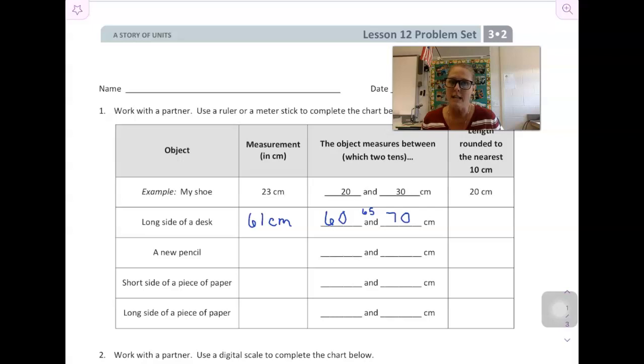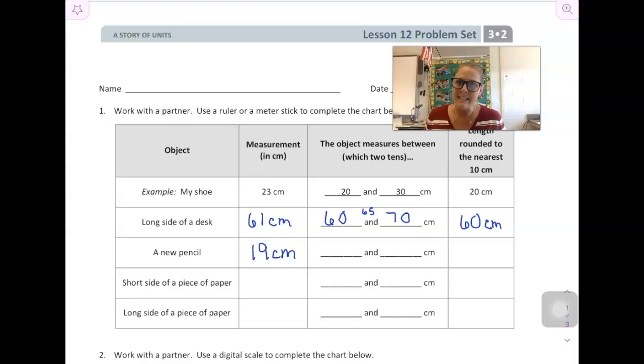Our long side of a desk measured 61 centimeters. 61 is very close to 60. So our length rounded to the nearest 10 centimeters is 60 centimeters. A new pencil measures 19 centimeters long.